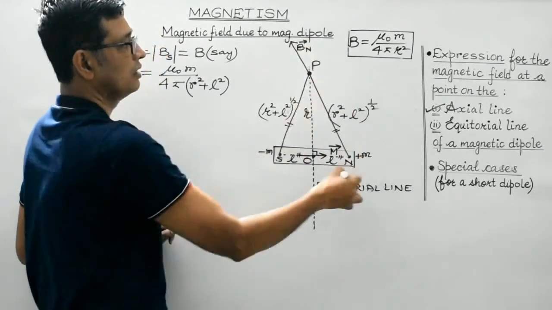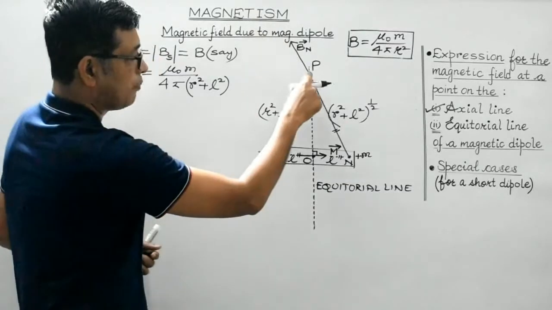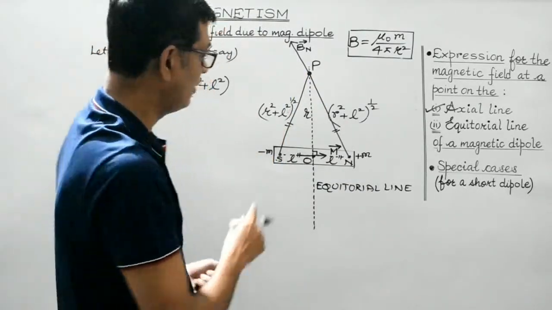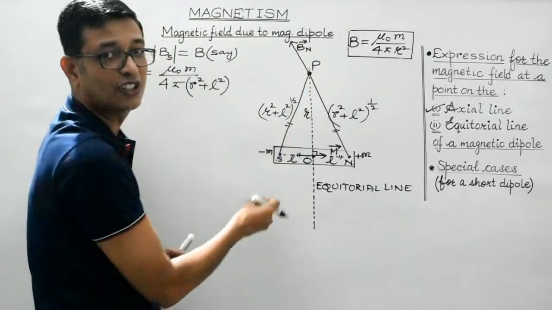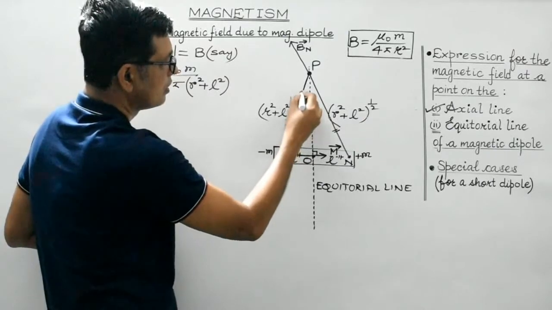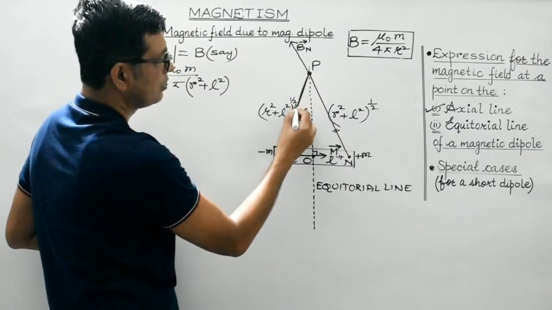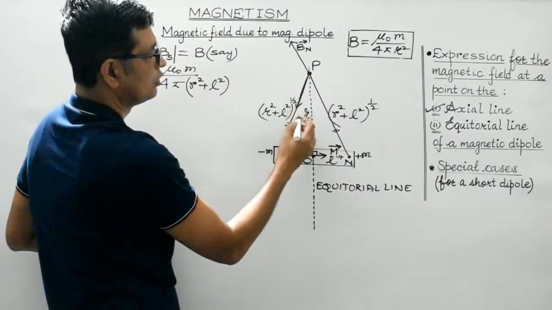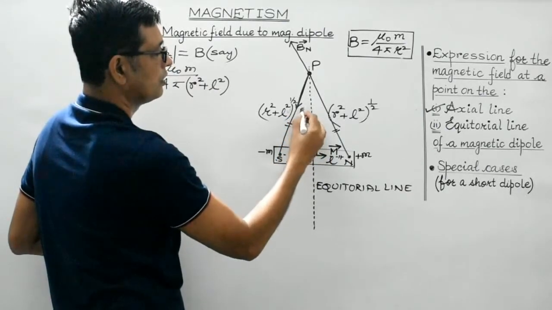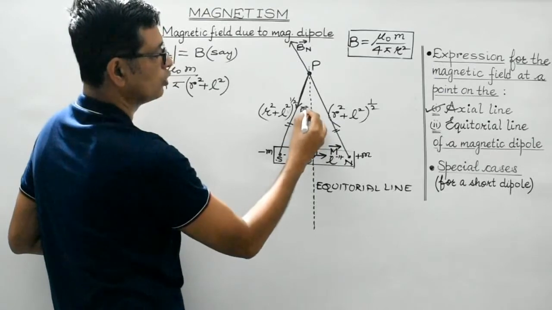Clear, students? It's in the outward direction. At point P, the direction of the magnetic field due to the south pole will be towards the south pole. So it will be like this. So this is Bs. This is the magnetic field due to the south pole.